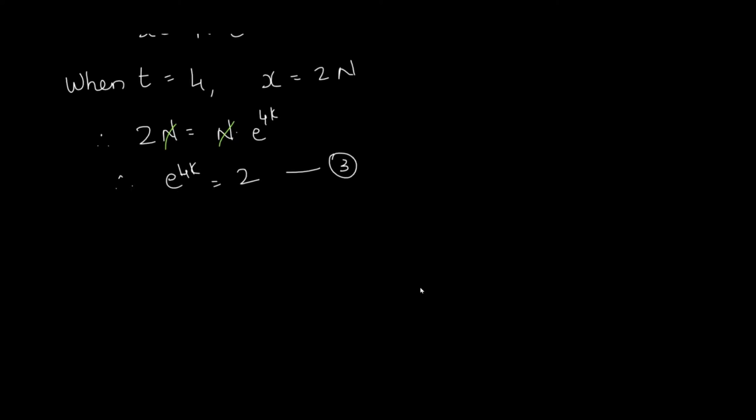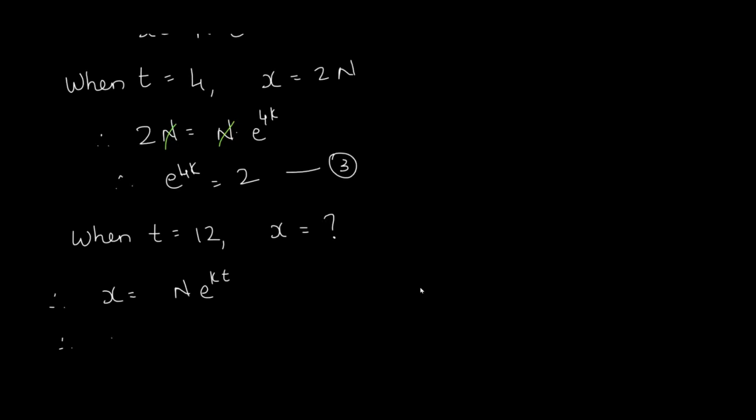Now according to the next condition that they have given, they want us to find out the population of bacteria, how much the bacteria increase after 12 hours. So when t is 12 hours, what is the number of x actually? What is the number of bacteria at that time? So this is what we have to find out. So from equation 2 we have, equation 2 is x is equal to n into e raised to kt.